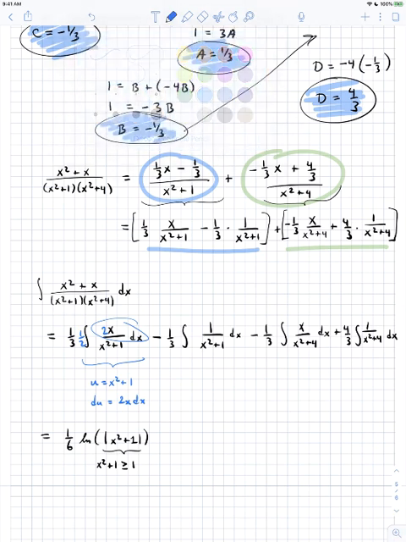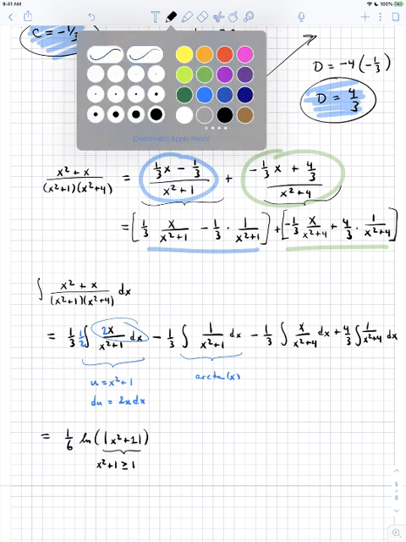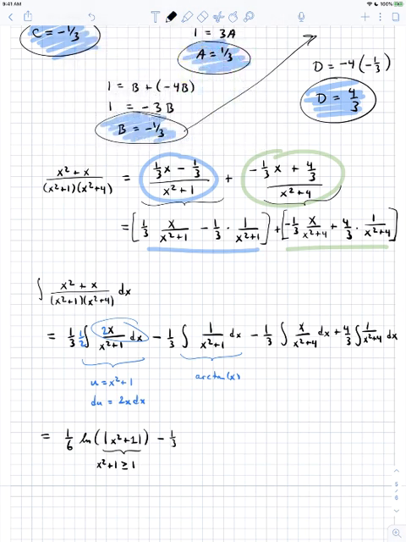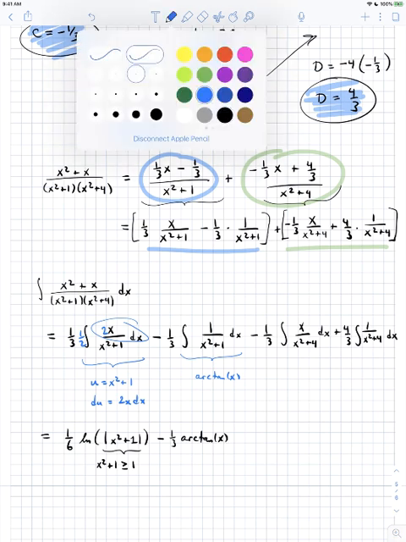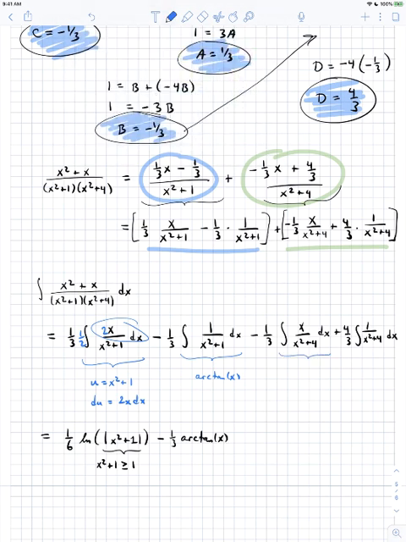This second one has an elementary antiderivative. This is just arctangent of x, so you have minus 1/3 arctangent of x. The next one is similar to the first. Here, again, you use a substitution. We've already used u, so let's use w: w equals x squared plus 4.